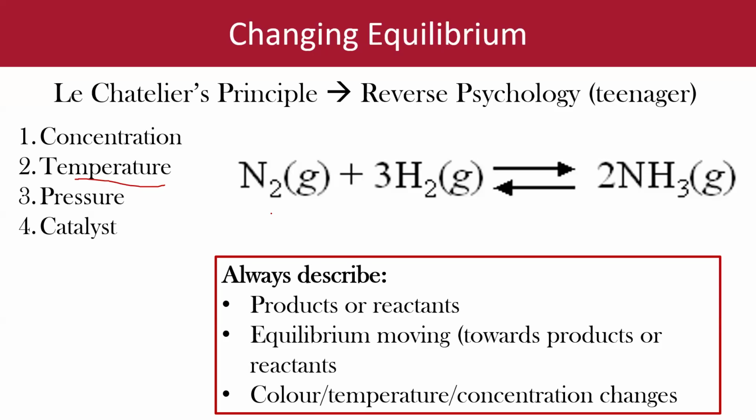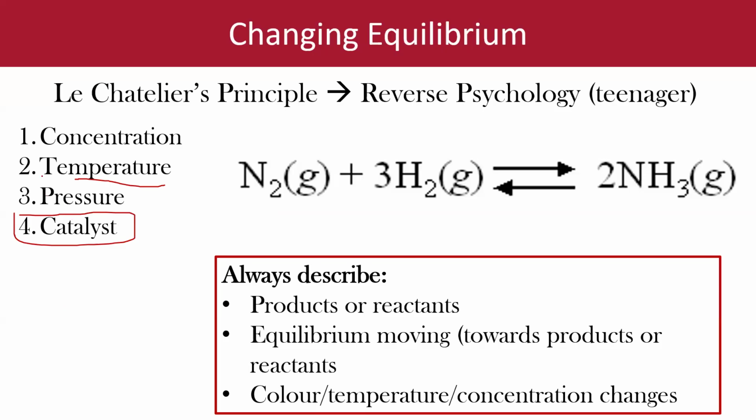No, the catalyst is there to reduce the activation energy. Is it a platinum catalyst? No, it's not platinum, that's in an exhaust pipe. It's iron. We've got an iron catalyst.